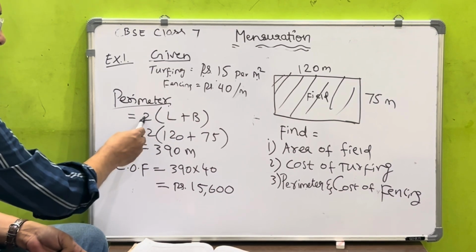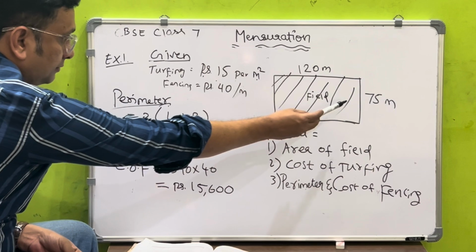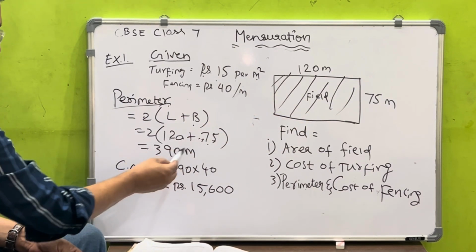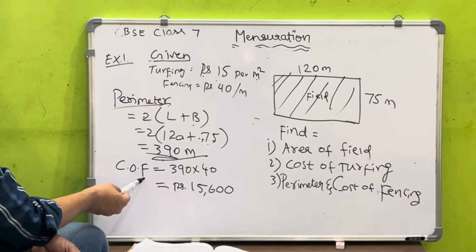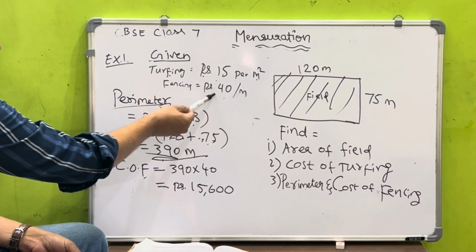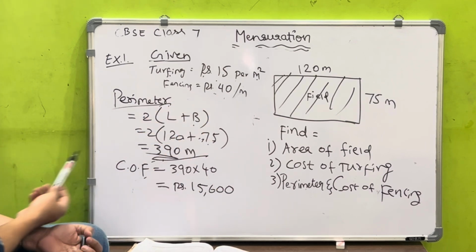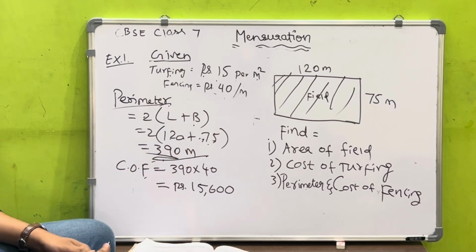Perimeter is 2 into (L plus B), length is 120 and breadth is 75. So it comes to 195, 2 into 195 is 390 meter, the perimeter. The cost of fencing per meter is 40 rupees, so for 390 meters, 390 into 40 is 15,600. That's how we should solve the problem. This is a very simple problem.